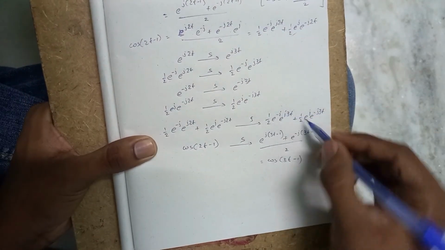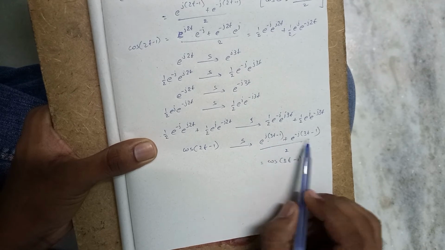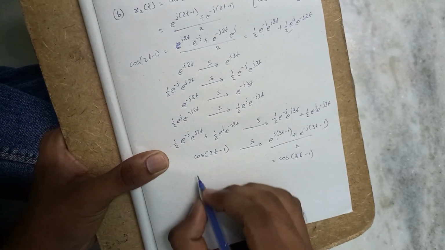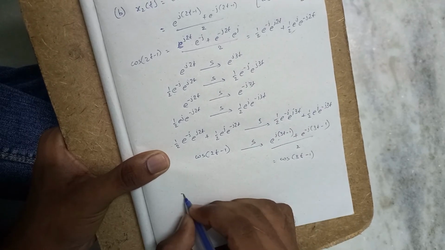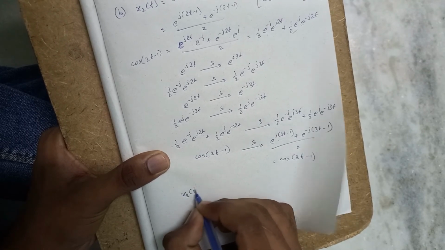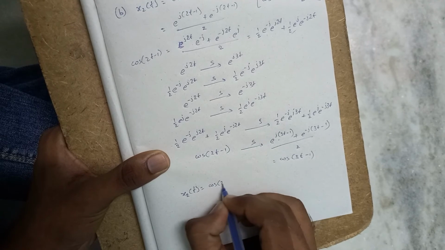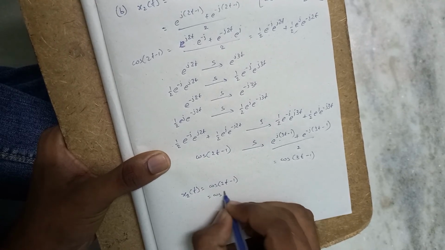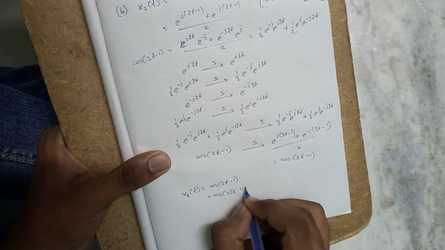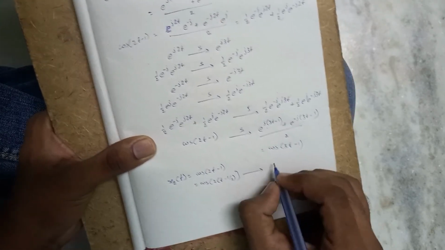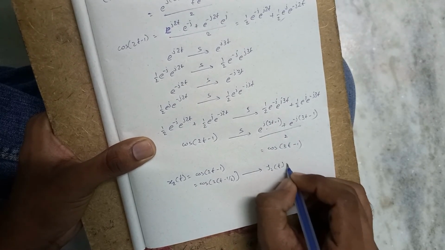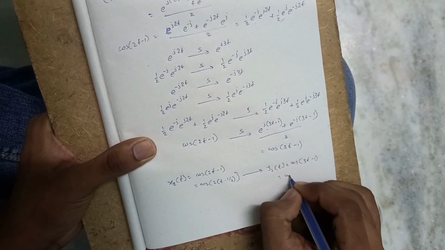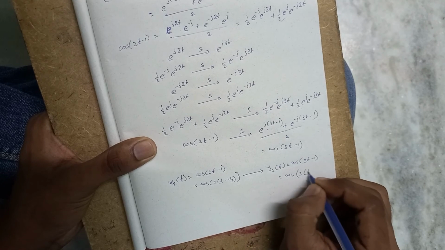So for the input x2 of t equal to cos of 2t minus 1, or cos of 2 into t minus 1 by 2, we will get the output y2 of t equal to cos of 3t minus 1, or cos of 3 into t minus 1 by 3.